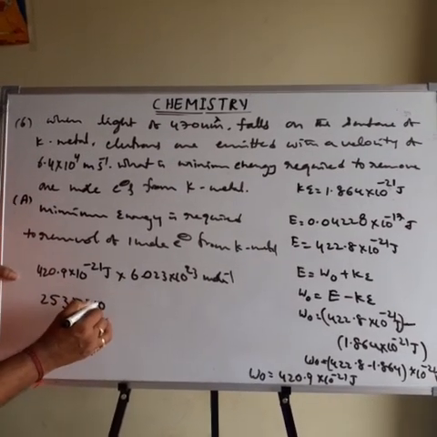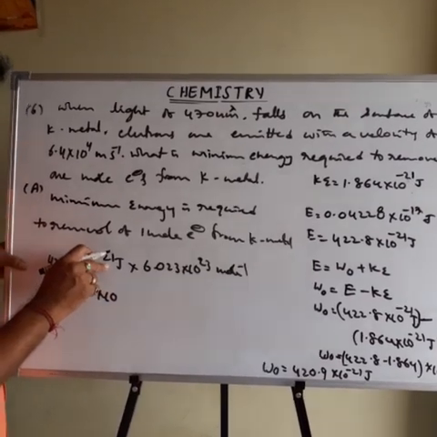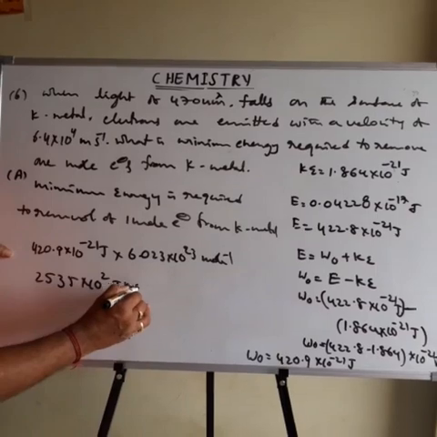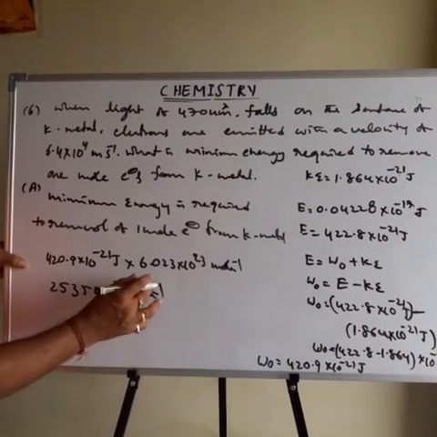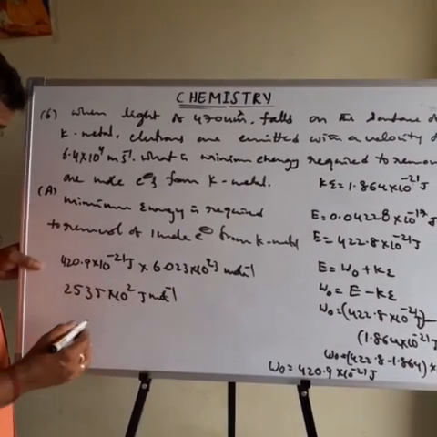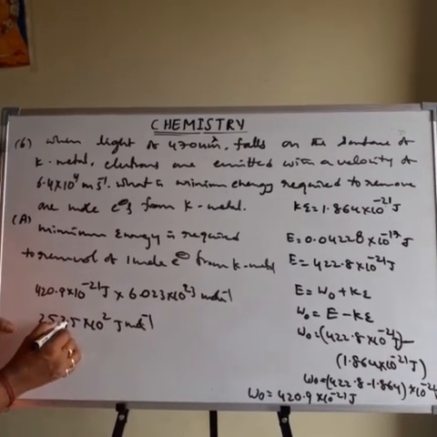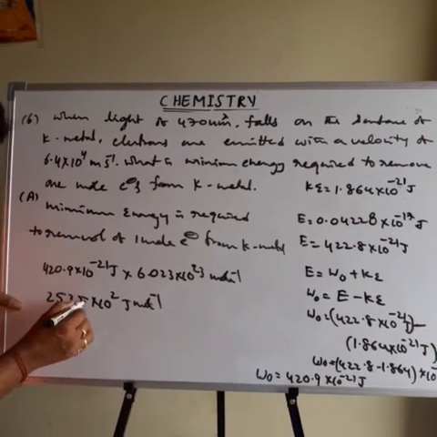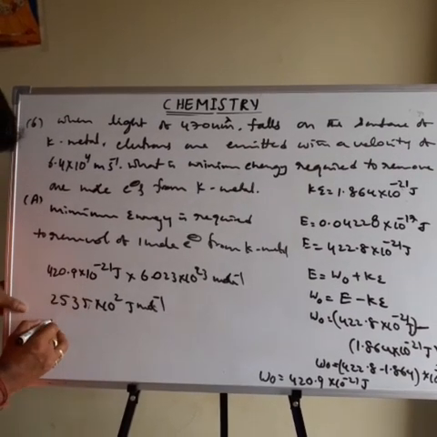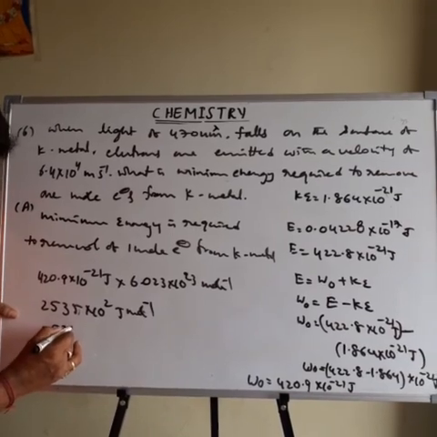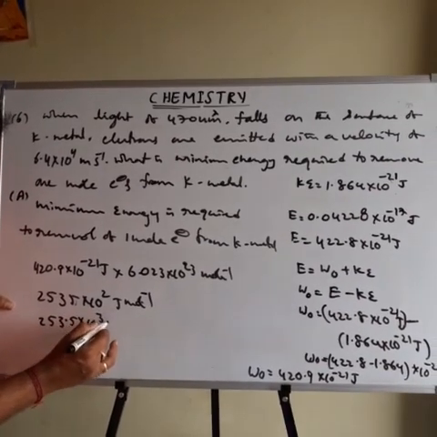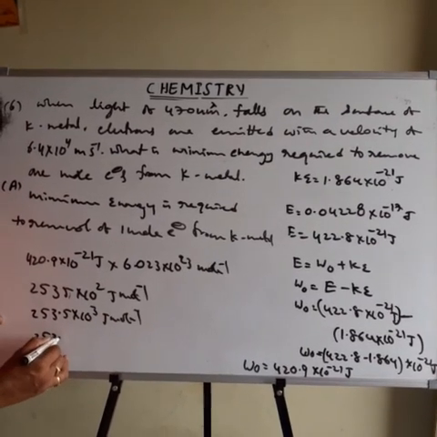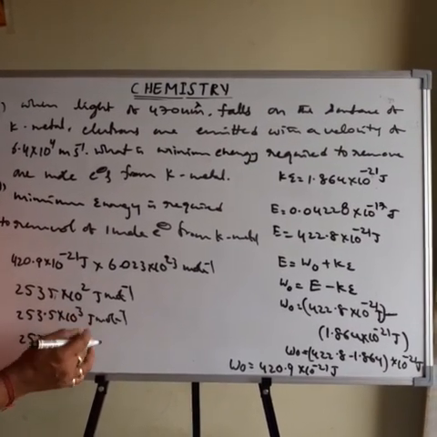Its value is 2535 into 10 power, 21 plus 23 is 10 power 2, joule per mole. The point changes here by 1 digit, so 253.5 into 10 power 3 joule per mole. 10 power 3 joule is equal to 1 kilojoule.